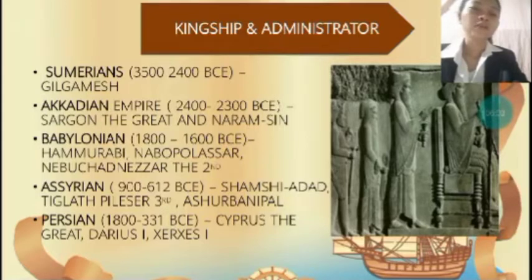Next is the Babylonian, from 1800 to 1600 BCE, led by Hammurabi and Nebuchadnezzar II. Next is the Assyrian, from 900 to 612 BCE, led by Shamshi-Adad, Tiglath-Pileser III, and Ashurbanipal.